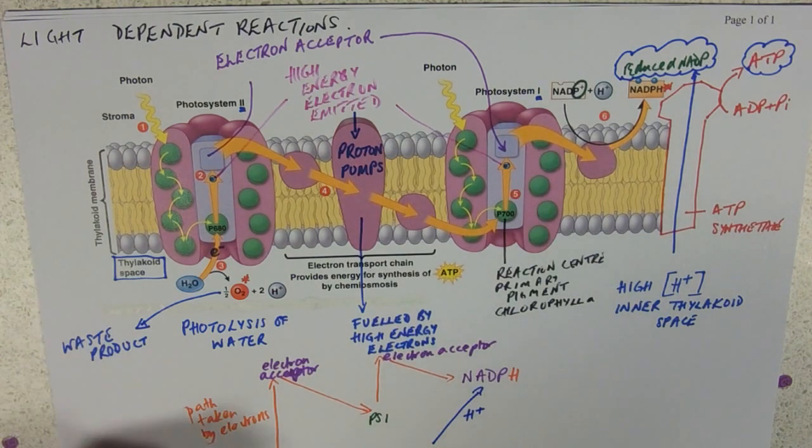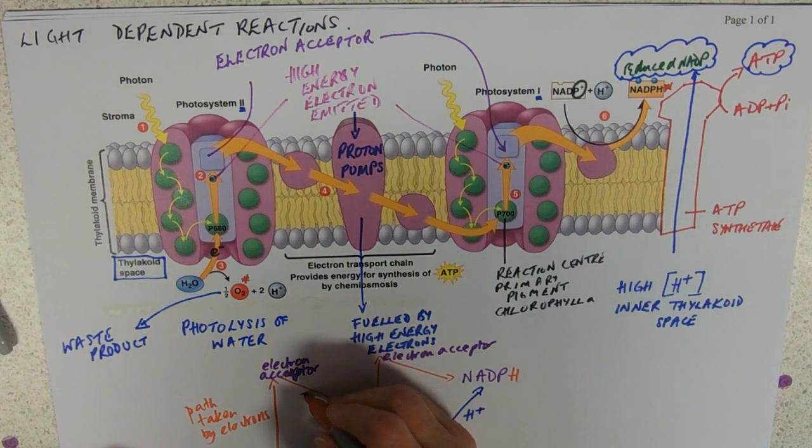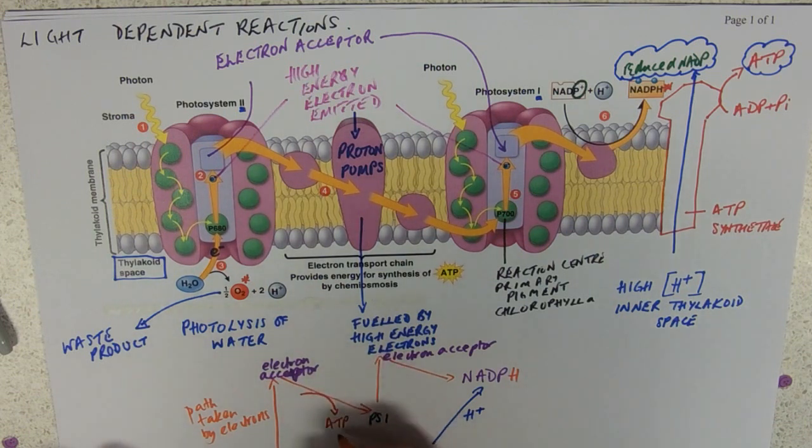And again, that could be in any order. So if you see a diagram that looks like that, it's representing the Z scheme. And of course what's happening along here is this chemiosmosis, giving out ATP as a final product.